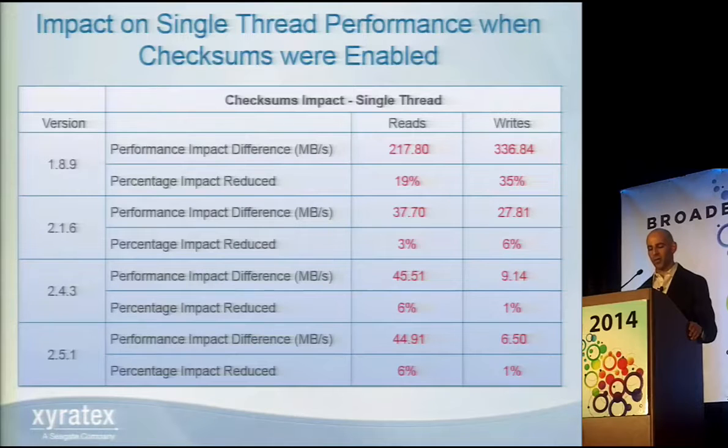Interesting data, though: as we went to the 2.x client code, the checksum impact on single-thread performance was much less, which was very encouraging to see. You'll see that 2.4.3 and 2.5.1 had almost the same performance impact, about 6% on reads and about 1% on writes, which was very encouraging to see.